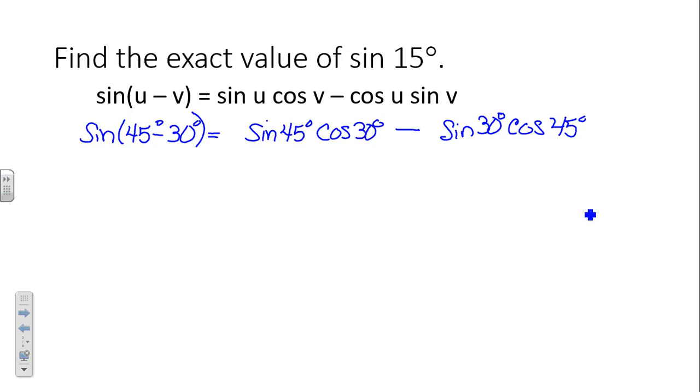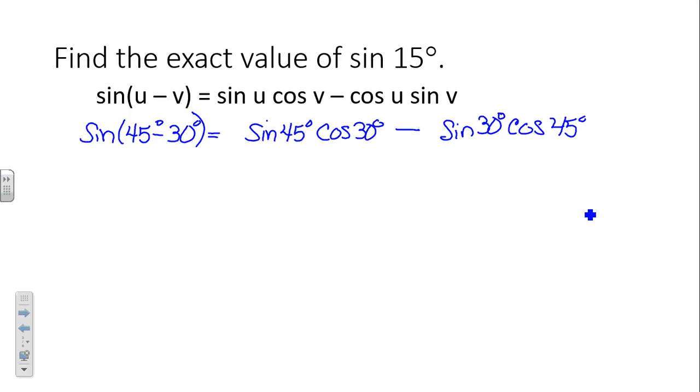The 45 is my u. So when I said sine, I have to use the 45 first with the cosine of 30, and then the sine, or the cosine of the 45. Sorry, I just wrote it the wrong way. Remember we had this earlier.